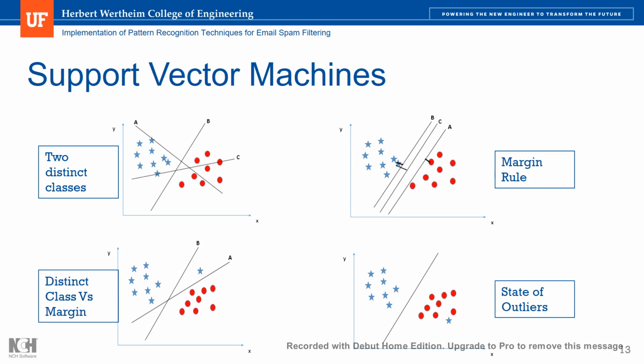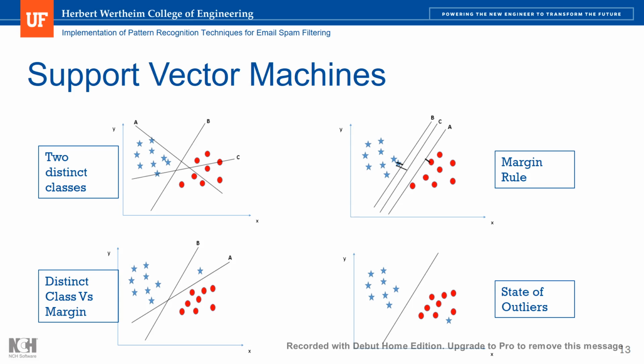In the case of distinct class versus margin, in this option on the figure, we can see that there are two hyperplanes, A and B. A divides both of them very distinctly, but its margin is less. However, if we see the hyperplane B, it does not distinguish the blue stars and the red circles very clearly.